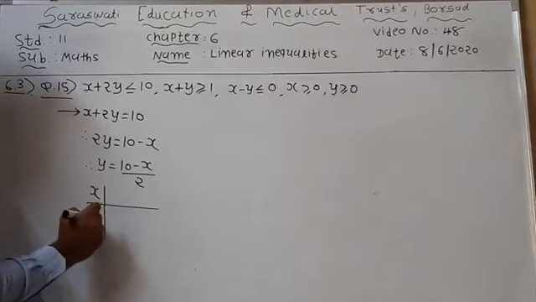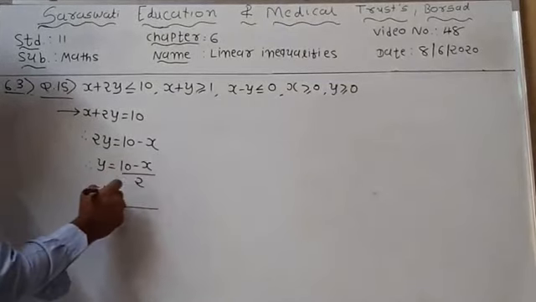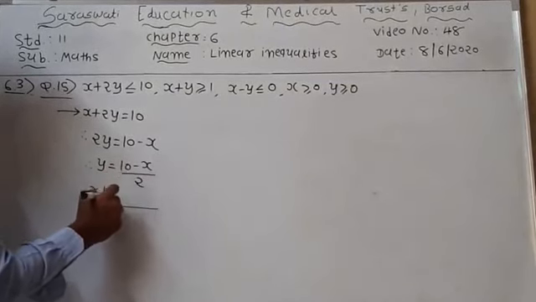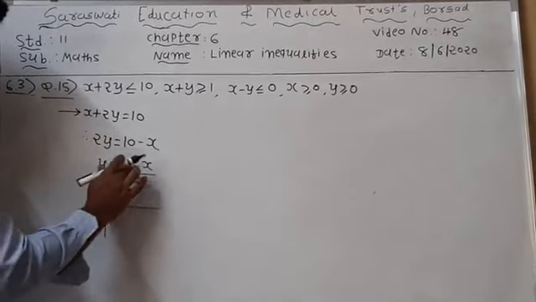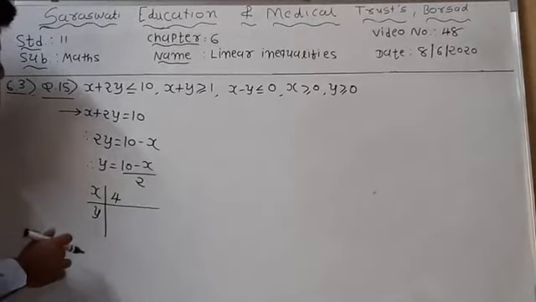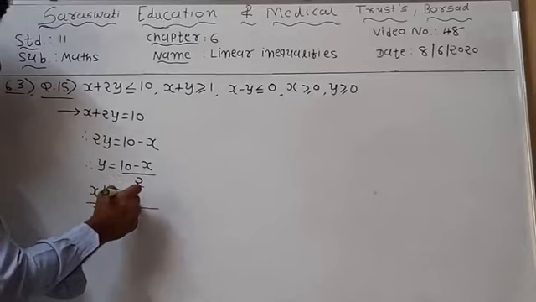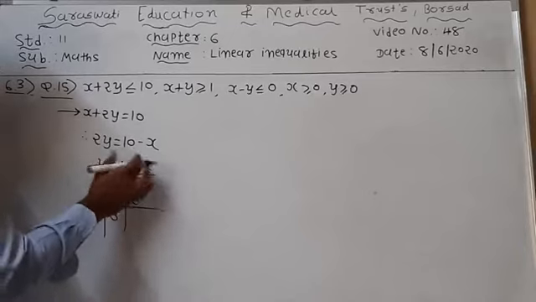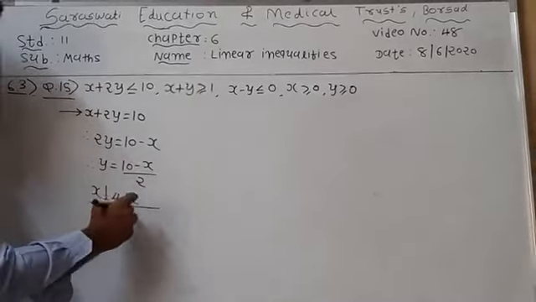Here, x axis and y axis: in place of x, suppose 4. 10 minus 4 is 6, and 6 by 2 is 3. In place of x, suppose 2. 10 minus 2 is 8, and 8 by 2 is 4.